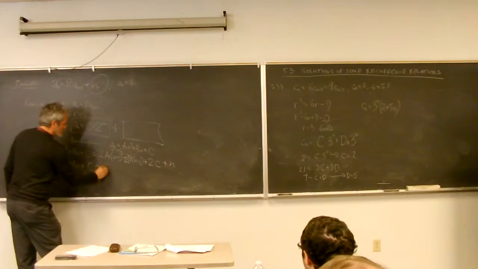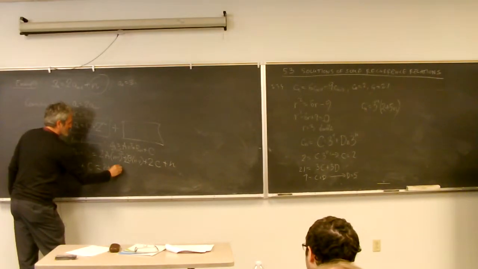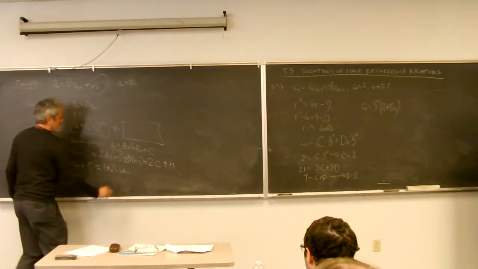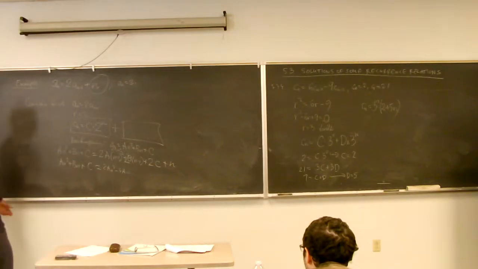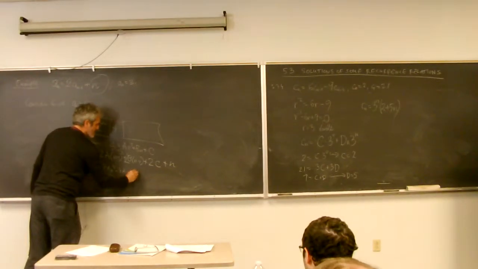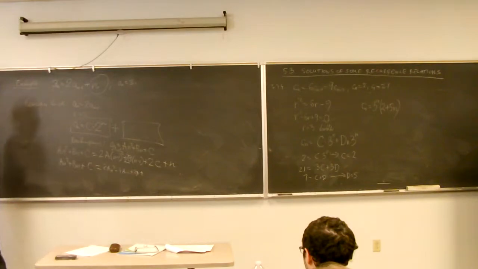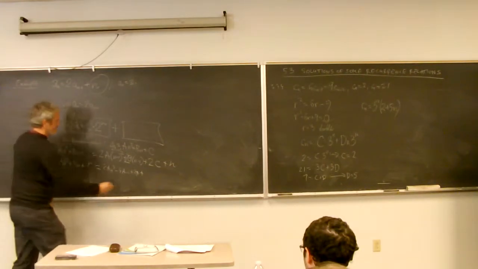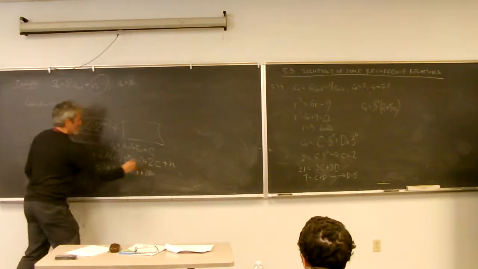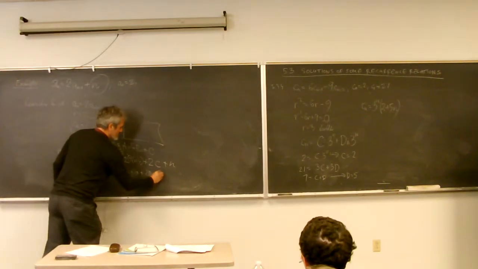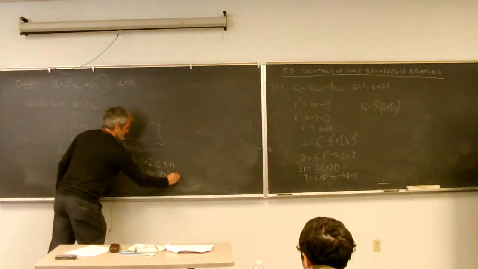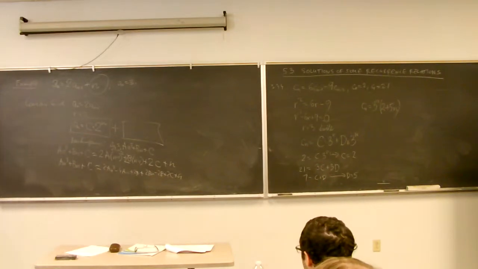So that will be 2an squared minus 4an plus 2a plus 2bn minus 2b plus 2c and plus n. Looks good.